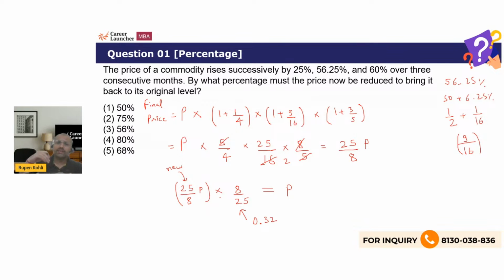If we are taking 32% of this price, it means we are decreasing it by 68%. If we say this is the price, now we are taking 32% of it, so 100 minus 32, we have decreased its value by 68%. Simple. So this is the multiplying factor approach.